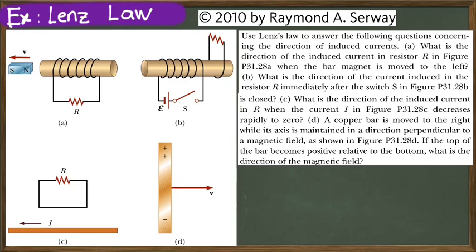V cross B. If the magnetic field is into the page and your palm is facing like this, you rotate like this, and the thumb shows the direction of the force on the positive charges. So this is the case in here.